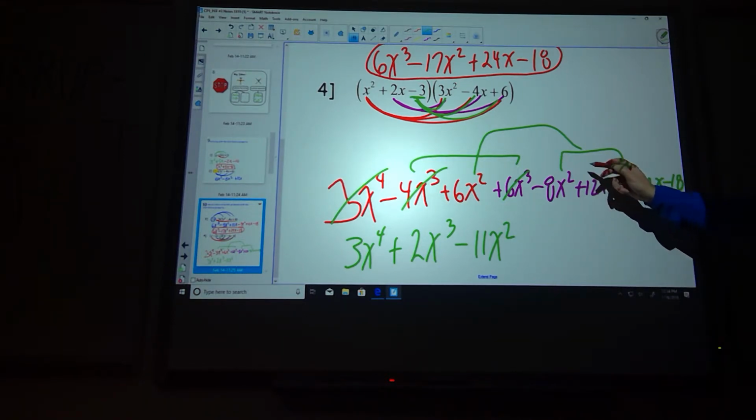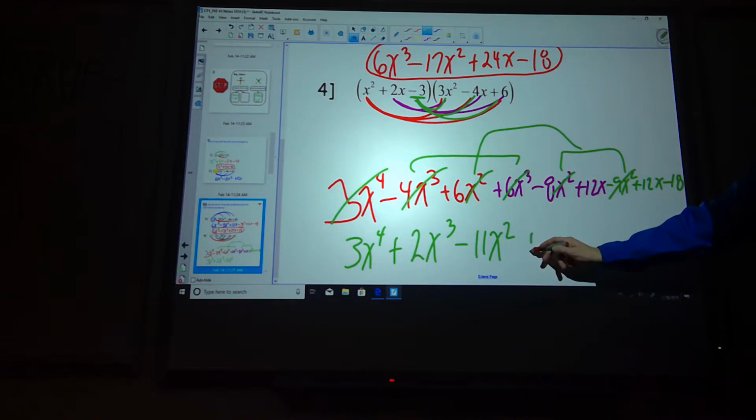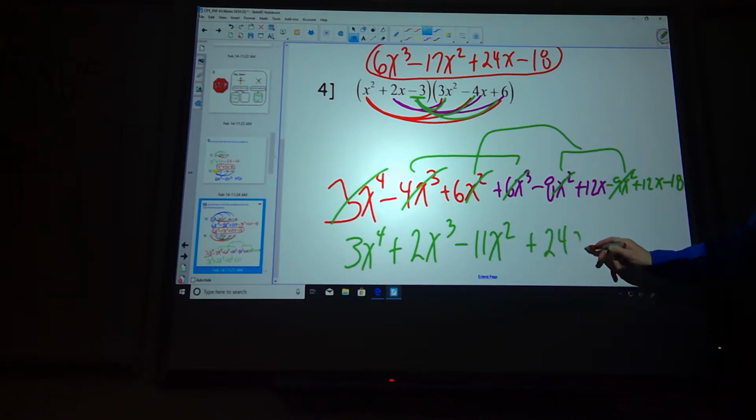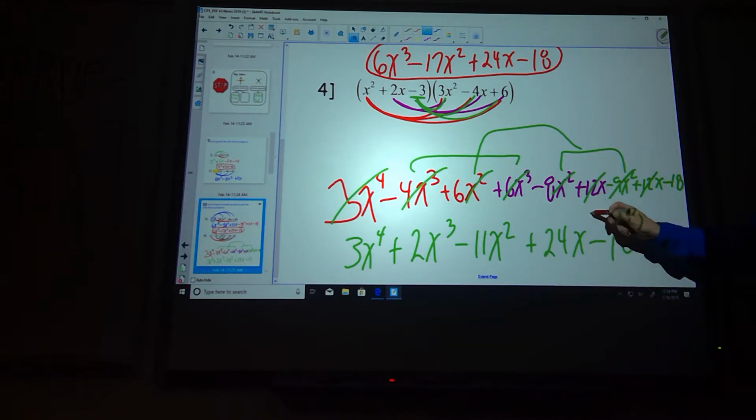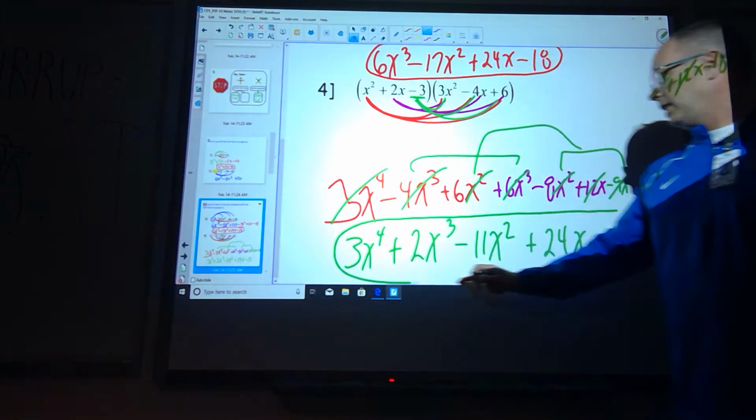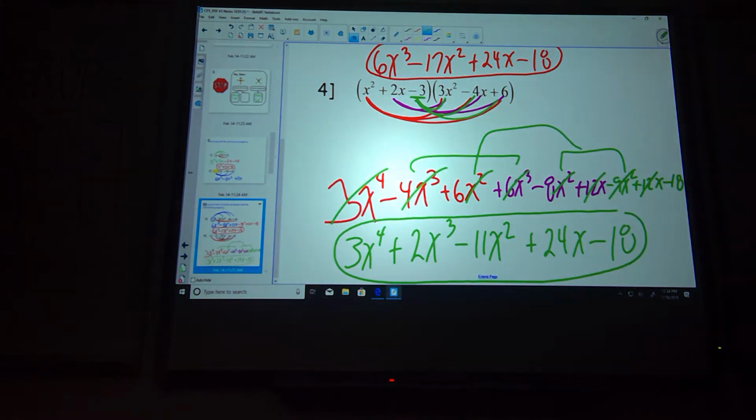So let's cross that, and that off. Then I have 12x and 12x. That's 24x. Yay! And then minus 18. Oh my goodness, that is big. That's a lot there. Woo! Gotta take a nap after that one.